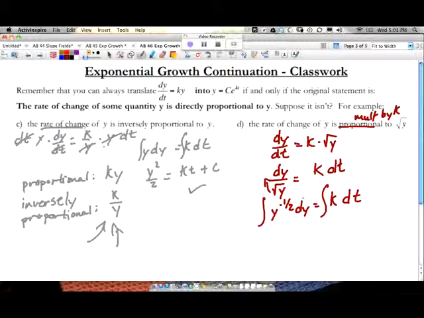Now I take the antiderivative of both sides. On the left side, negative 1/2 is a power, so I just add 1 to it. Negative 1/2 plus 1 is 1/2, and I divide by that same number, 1/2. And that's equal to kt plus c.